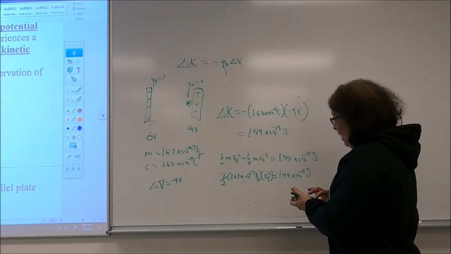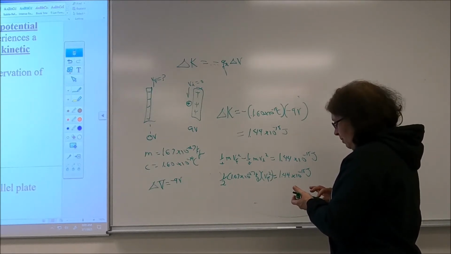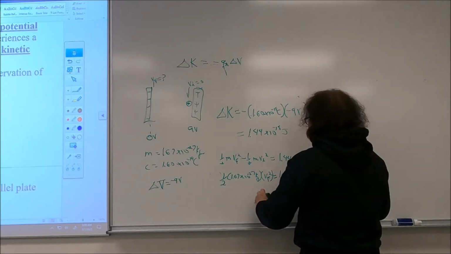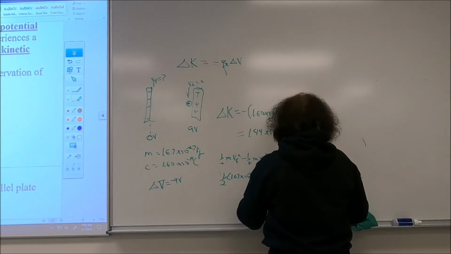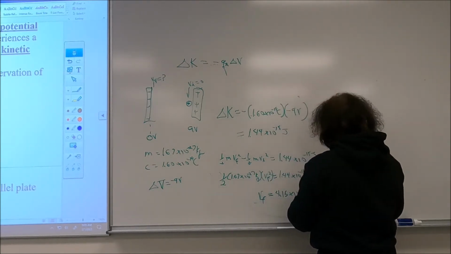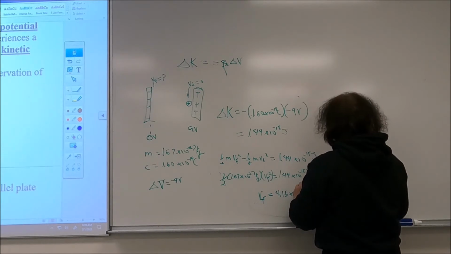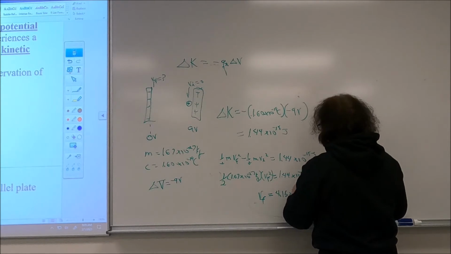So I divide by 1.67 EXP 27 negative, multiply by 2, take the square root. I get the final speed to be 4.15 times 10 to the 4 meters per second.